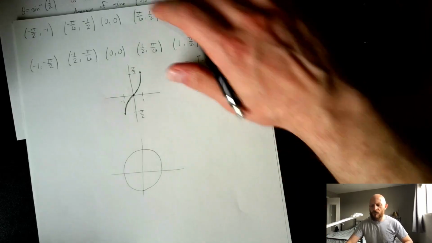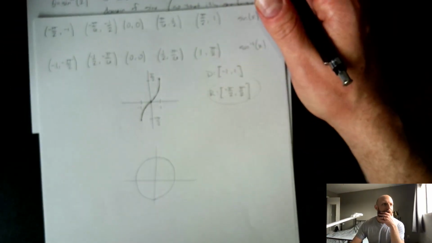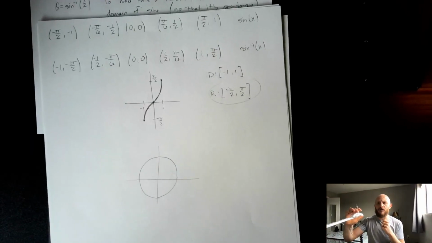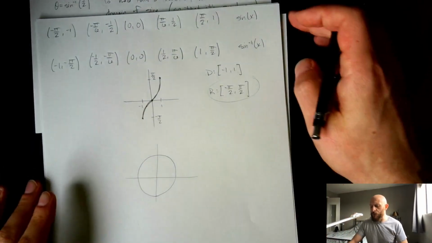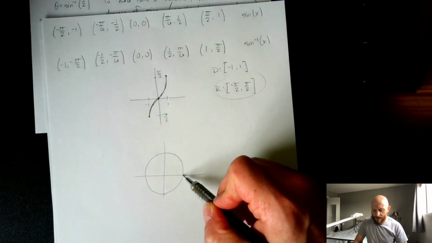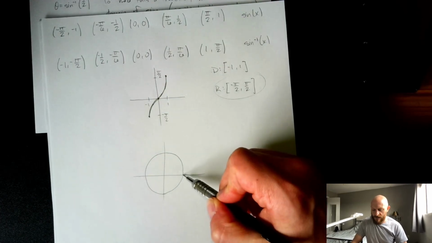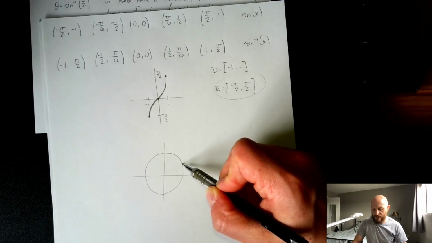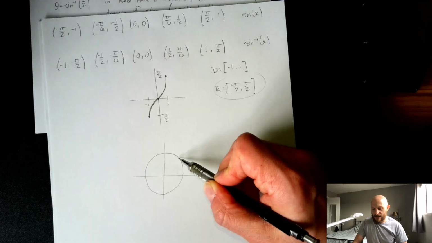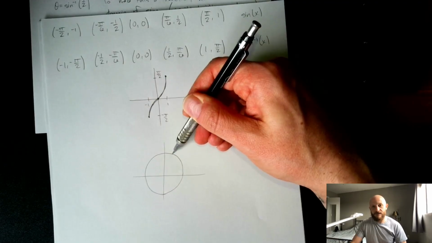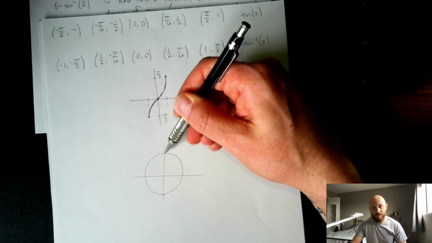And think about if we wanted to draw an arc along this circumference that would capture every output of the sine function. If we start right here, then as a point moves counterclockwise, right here is pi over 6, so sine of pi over 6 is 1/2, and then up here sine of this is √2 over 2, and then sine of pi over 3 is √3 over 2, and sine of pi over 2 is 1.